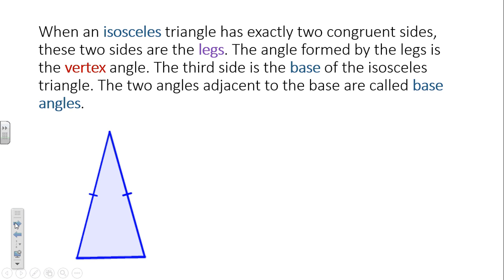Where it has the tick marks. So those tick marks mean those are congruent, right? So label the legs. Those 2 legs are congruent, and they are the sides that are congruent. Okay? Everybody have their legs labeled? Label your legs. Okay? So each one of these is a leg.